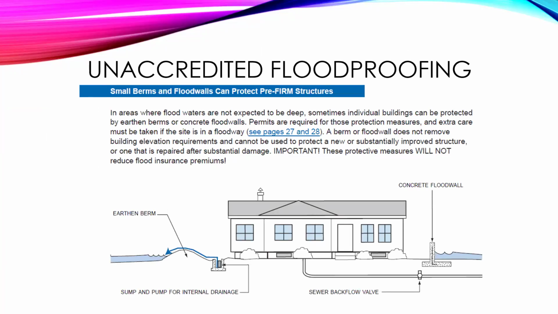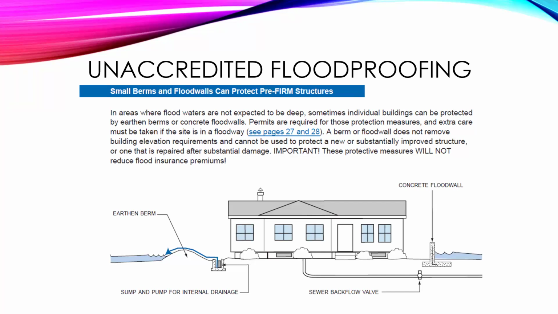And then another important point that we like to educate floodplain managers and property owners about is just unaccredited floodproofing. You can install these measures to help protect your structure. So even though it's not going to help with the insurance, it's not going to take you out of the floodplain, it will increase the safety and reduce risk.